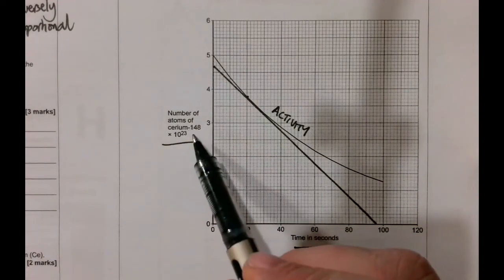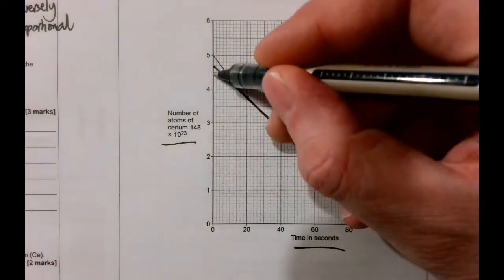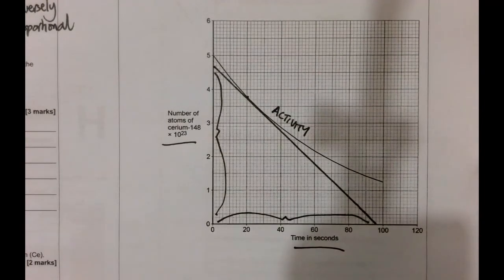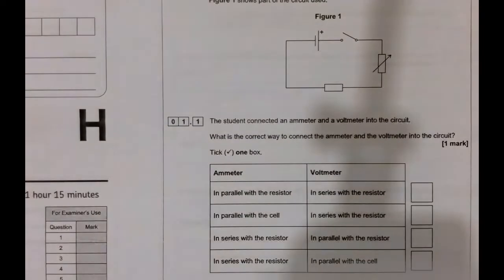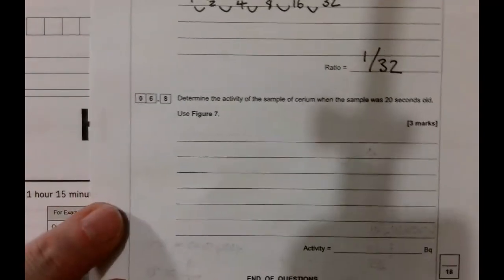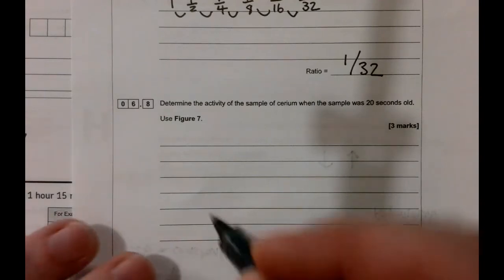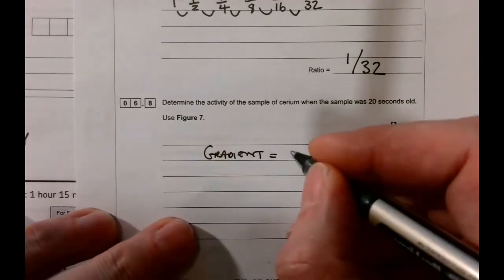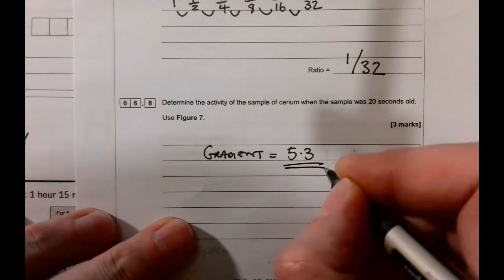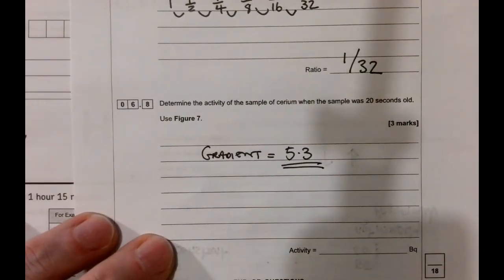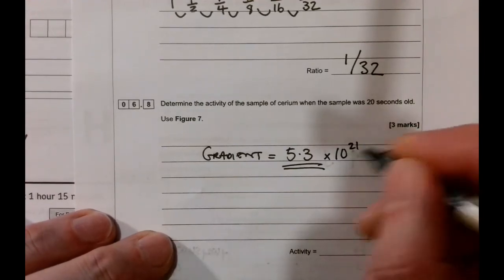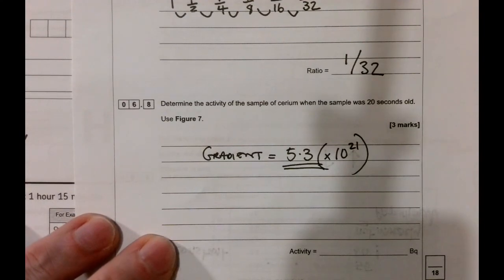So that's the change in the number of cerium atoms, so it's this length here divided by this time here. And when we do that, the gradient equals 5.3. And that is your 3 marks. In fact, it's 5.3 times 10 to the 21. But you got full marks for just getting the 5.3. And that is the end of the paper. Thank you.